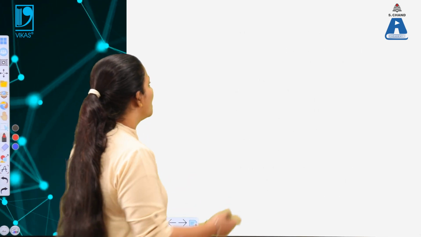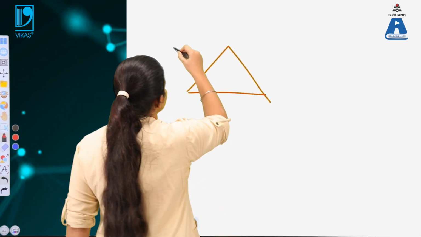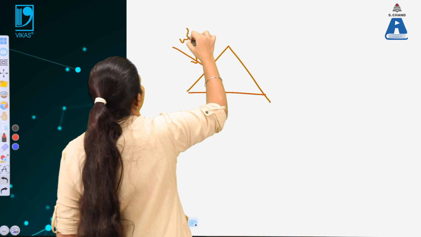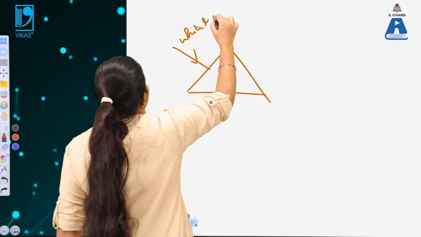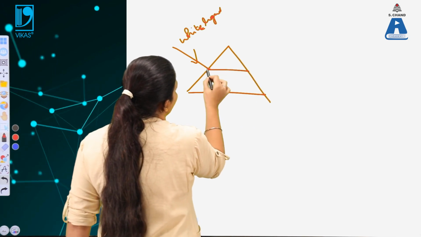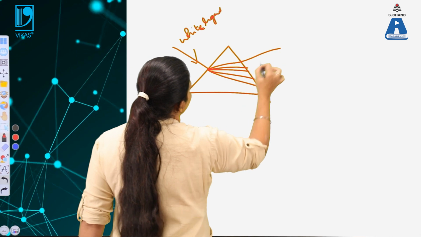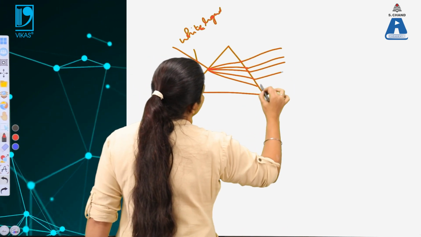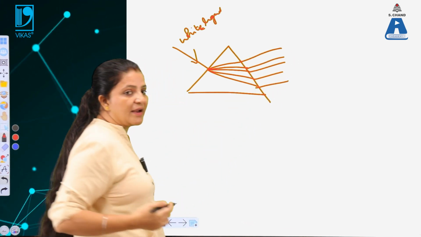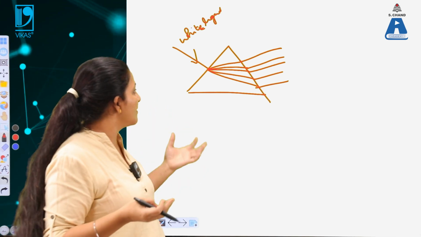Now why is this so? When the white light is incident over here, due to different angles of refraction, different colors appear in the resultant light. That means white light is a combination of different colors: blue, green, red, violet, and so on.